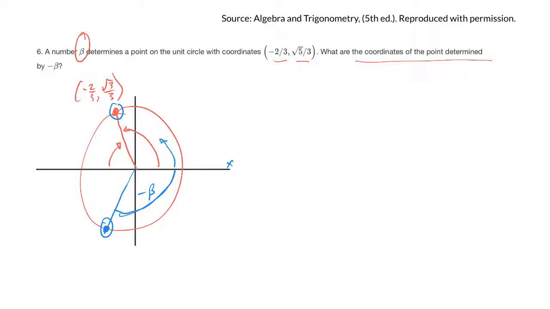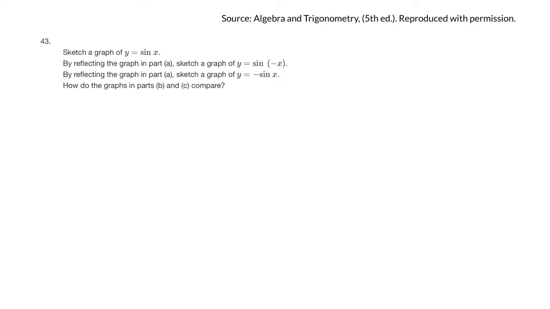So that point, again, has to have the same coordinates, or same ratio, 2/3 and root 5 over 3. But then because it's to the left of the origin, x is negative, and because it's below the origin, y has to be negative. Okay, so those 2 points are reflections on the x-axis.